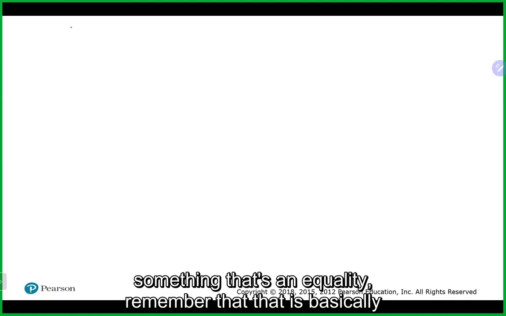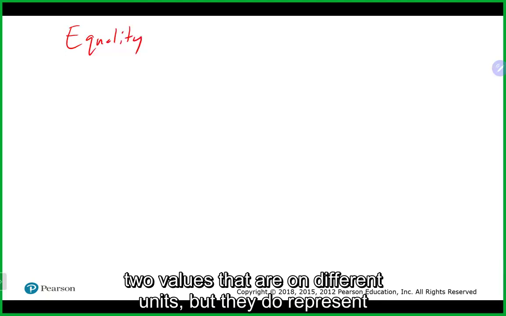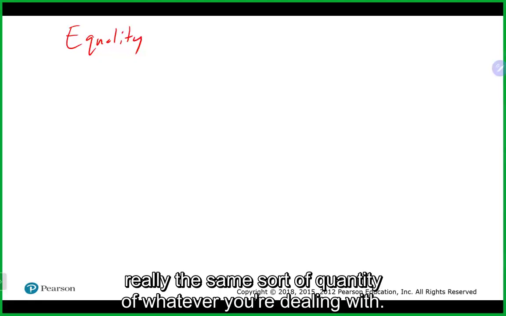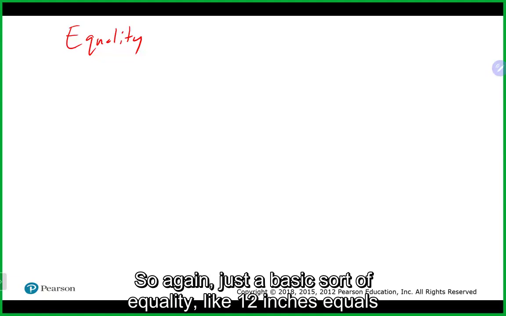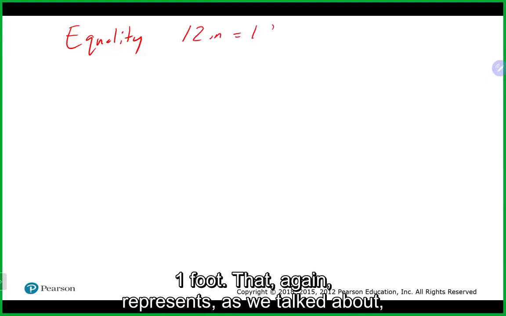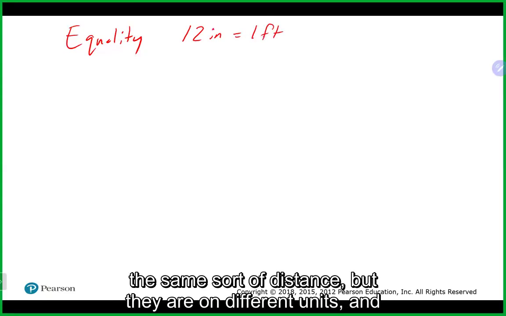So when we have something that's an equality, remember that that is basically two values that are in different units, but they do represent the same quantity of whatever you're dealing with. So again, just a basic equality like 12 inches equals 1 foot. That represents, as we talked about, the same distance, but they are in different units.